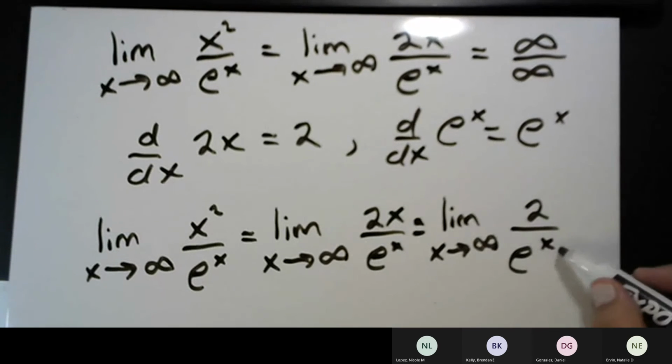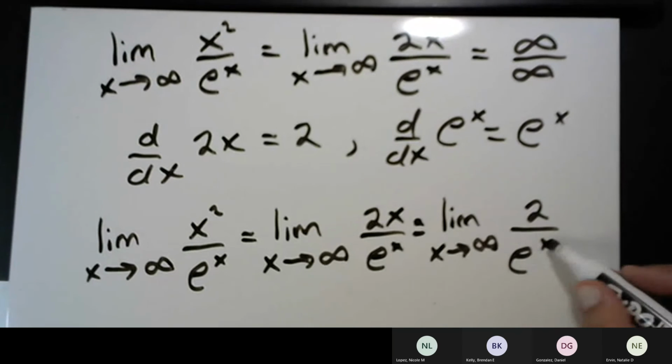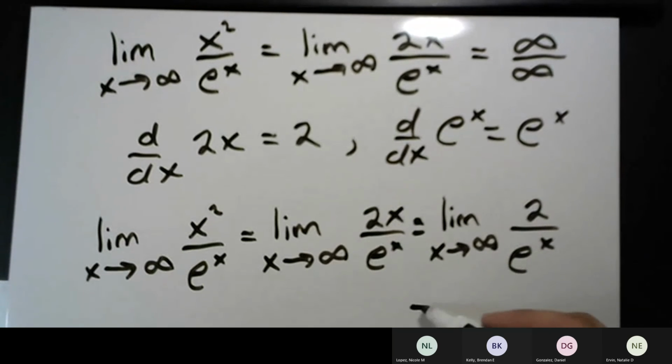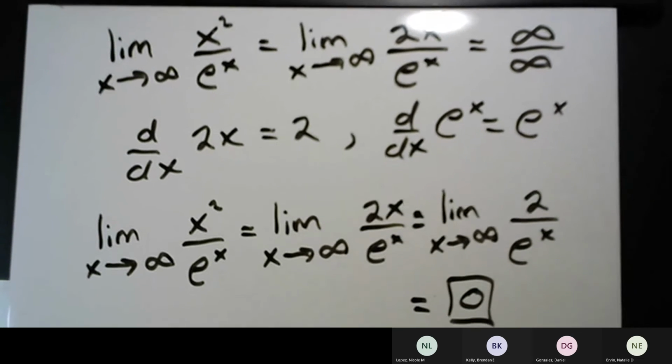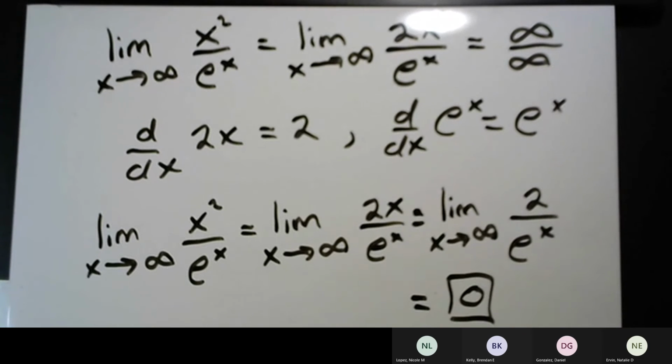And now as x gets bigger and bigger, this whole thing goes to infinity. So you get basically 2 divided by infinity, it's going to be 0. So we finally get our answer. Had to use L'Hopital's rule a couple times to get there.